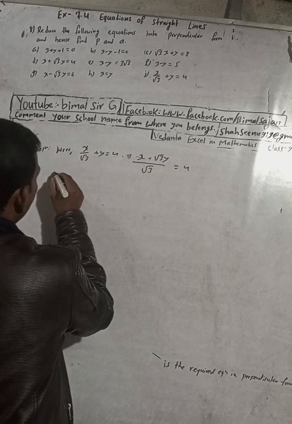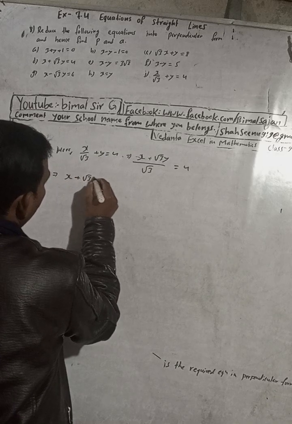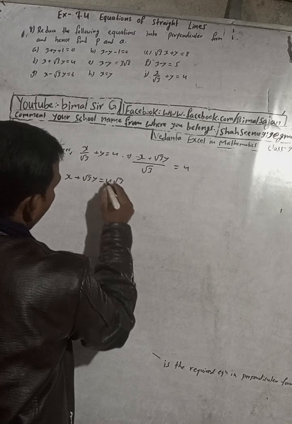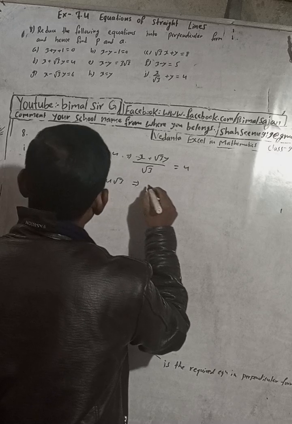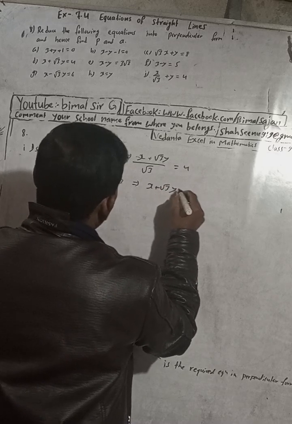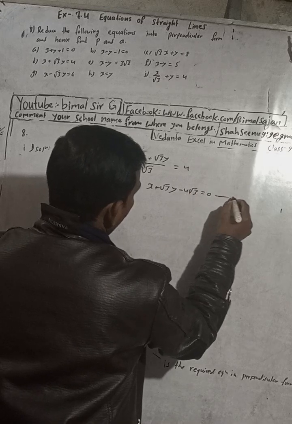Now this can be written as x plus root 3y is equal to 4 root 3. And this again can be written as x plus root 3y minus 4 root 3 is equal to 0. This is our equation 1.